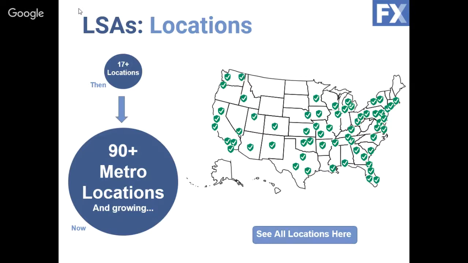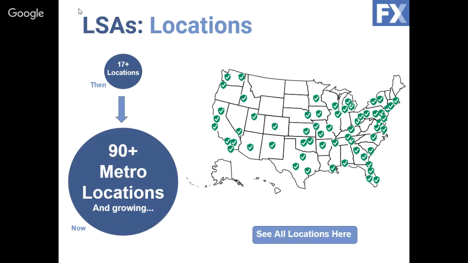Rewinding the clock just 12 months, it seems like it's flown by, but I remember having initial conversations about this service, and at the time it was in about 17 locations, primarily on the West Coast. Google launched it in several cities in California and then began to expand it up the West Coast. Now, fast forward to today, and local service ads is present in over 90 metro locations.